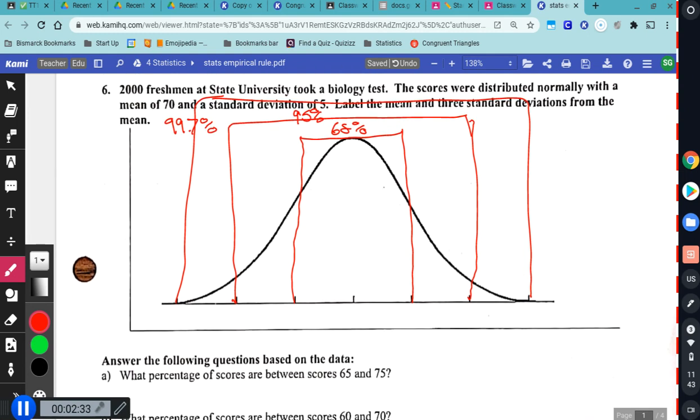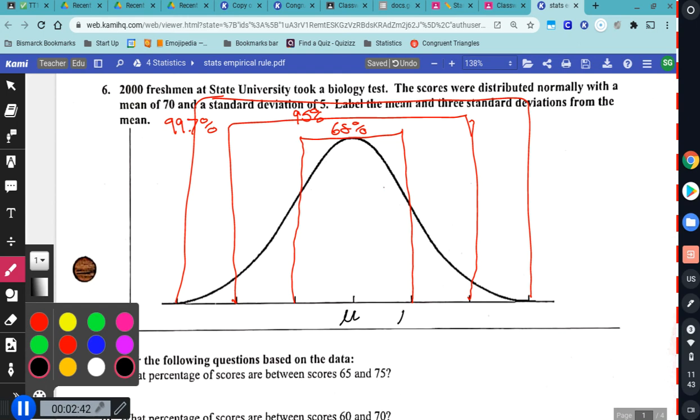Before we actually label for this one, don't label the same way I do. You'll often see these labeled with this mu symbol. Mu means mean, and sigma means standard deviation. So it would be mu plus sigma, mu plus 2 sigmas, mu plus 3 sigmas, and over here would be mu minus sigma, mu minus 2 sigma, mu minus 3 sigma.